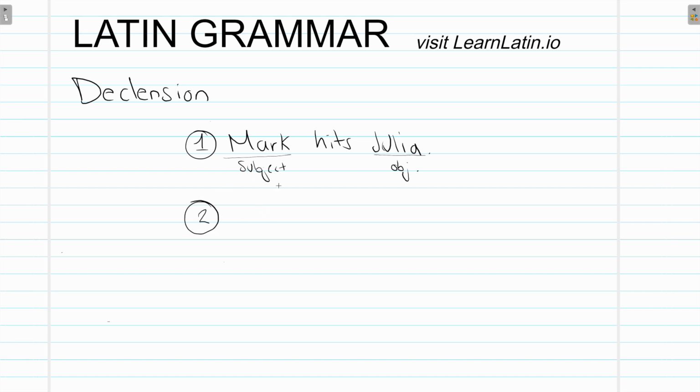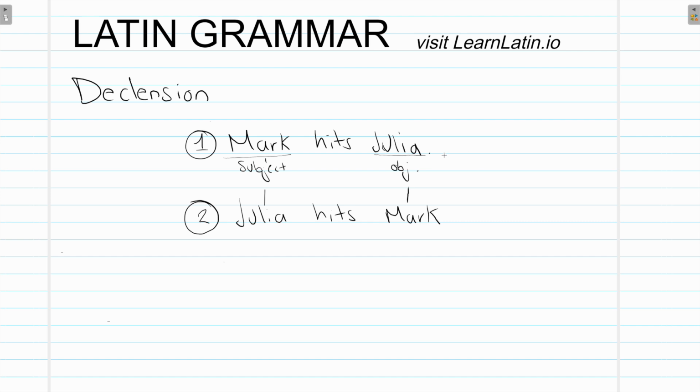And if we invert the order of these people involved, the function of the nouns in the phrase changes accordingly. Now Julia is the subject and Mark is the object.